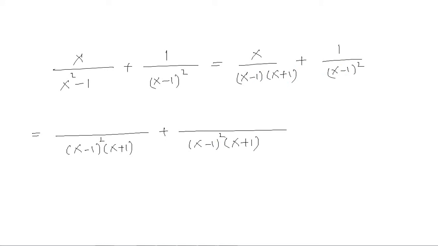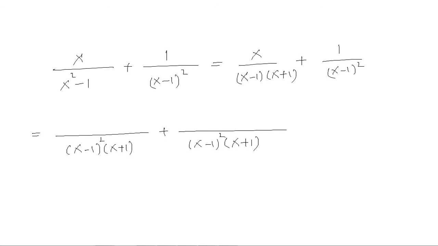So this would be the least common denominator among these two denominators. As you can see, the least common denominator contains all the common and non-common factors with their highest powers.